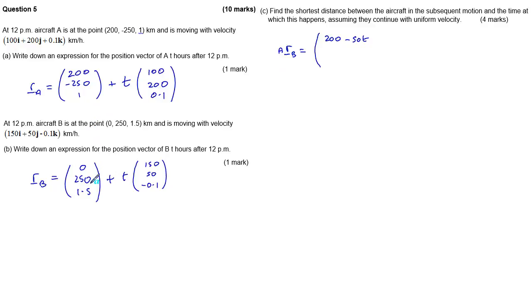Negative 250 take away 250 is negative 500, and then we've got 200t take away 50t, so that's plus 150t, and then 1 take away 1.5 is negative 0.5, and 0.1 take away negative 0.1 is plus 0.2t.